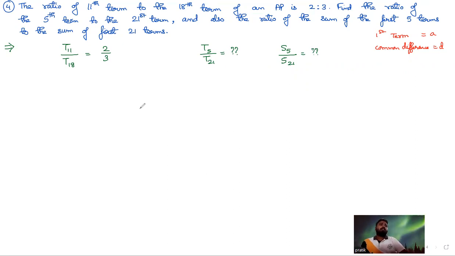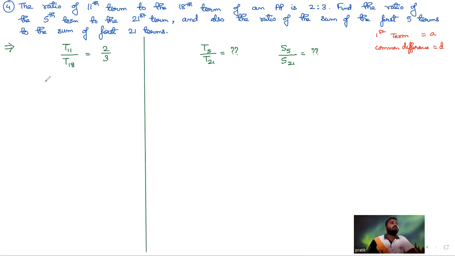Since it's a ratio related question, you will not exactly find the value of a or the value of d. What you can do is find a relation between a and d, and then substitute that and go ahead. So for the first one, just do columns here, it's easier.